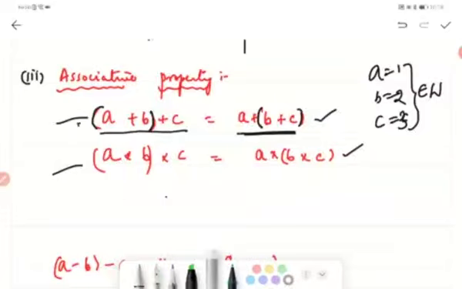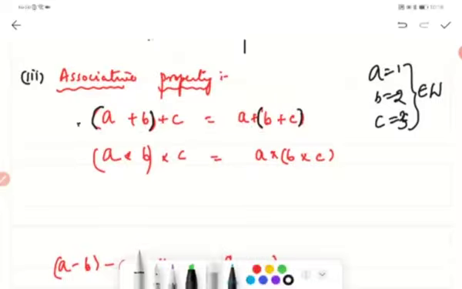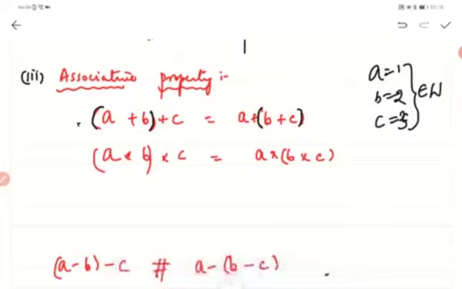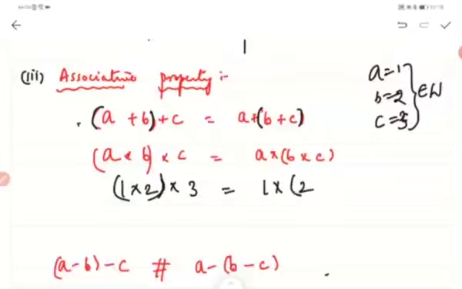If you take any combination, you can verify; associative property is mainly used for verification. So you have a into b of c, that is 1 into 2 of 3. Shifting the bracket, it is 1 into 2, into 3.